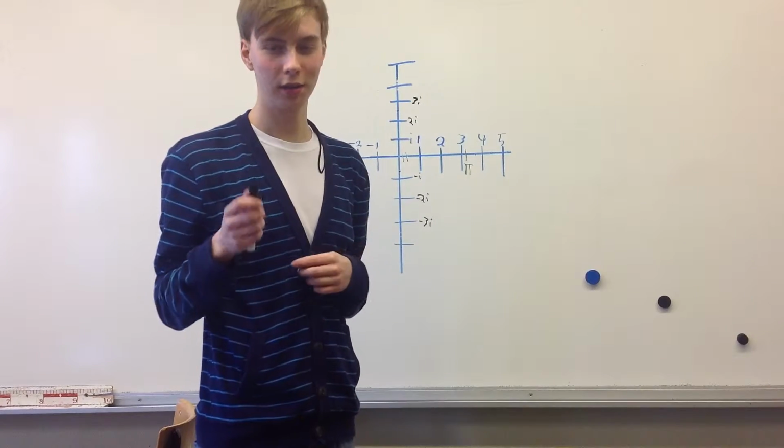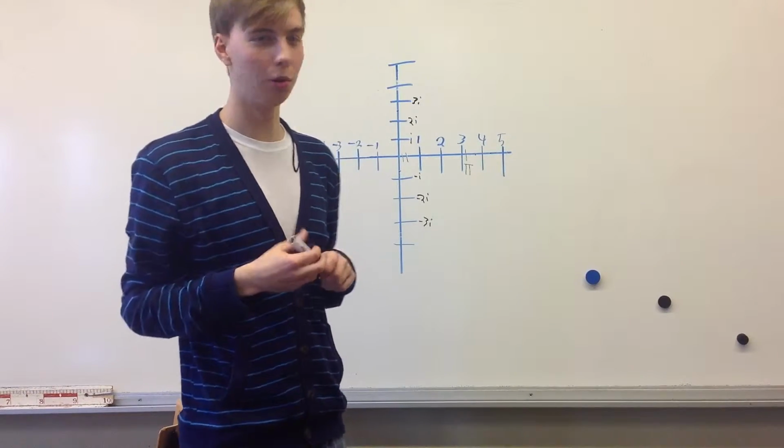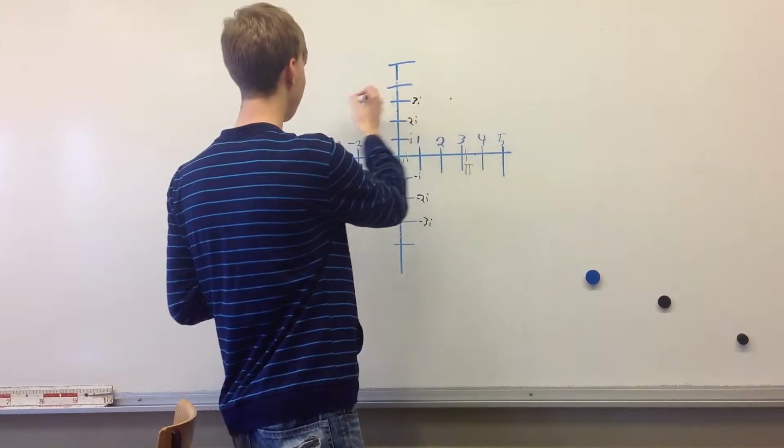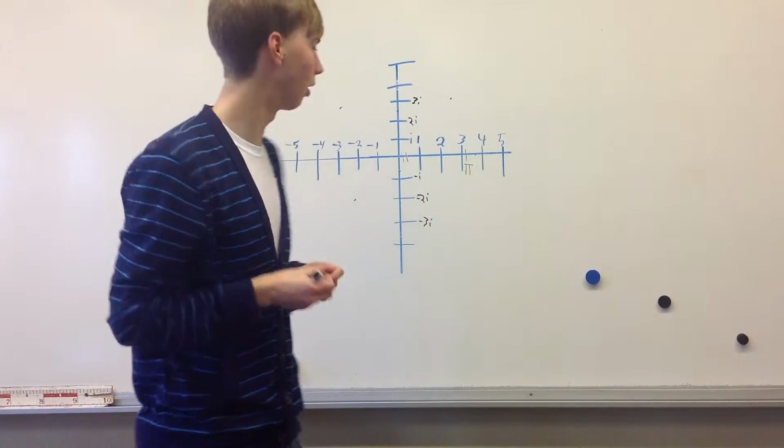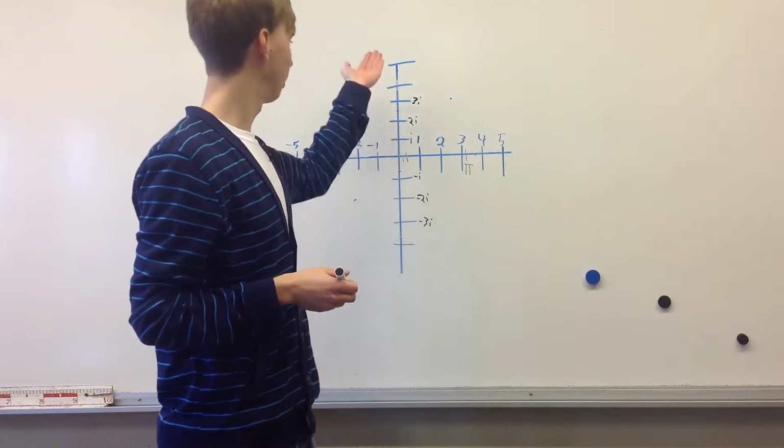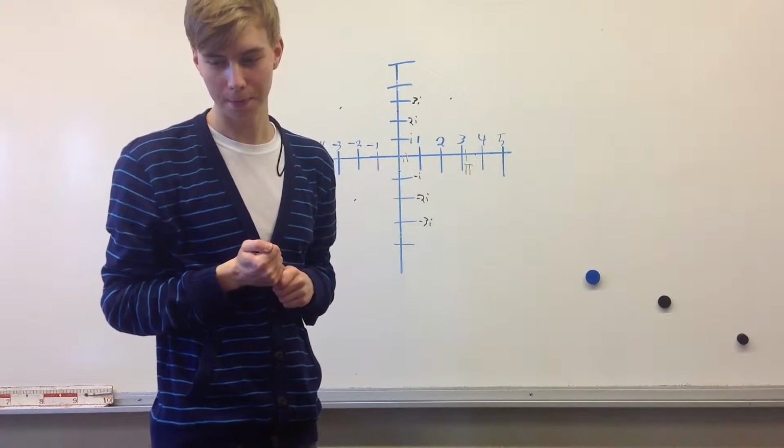And complex numbers are points somewhere in the complex plane, consisting of a real part and an imaginary part.